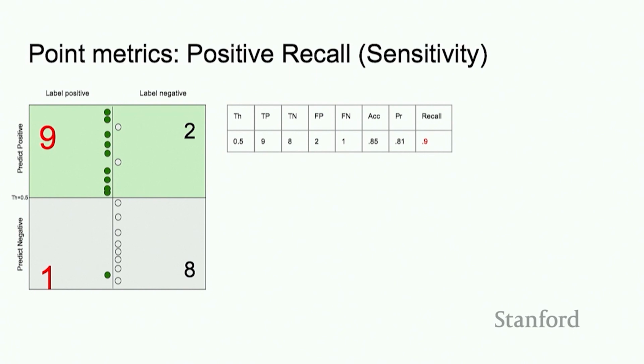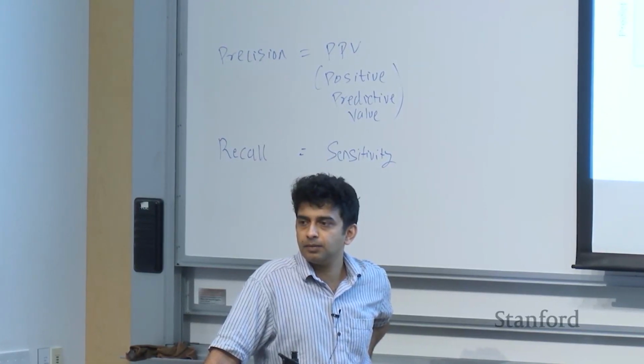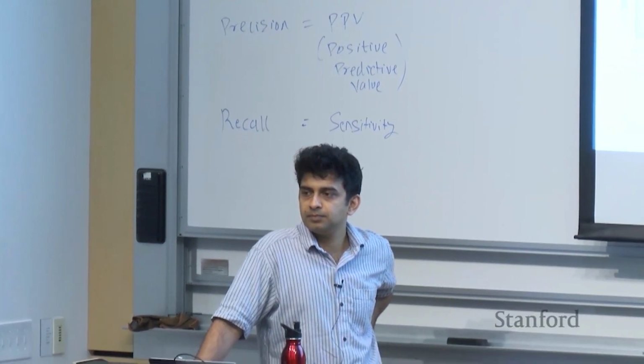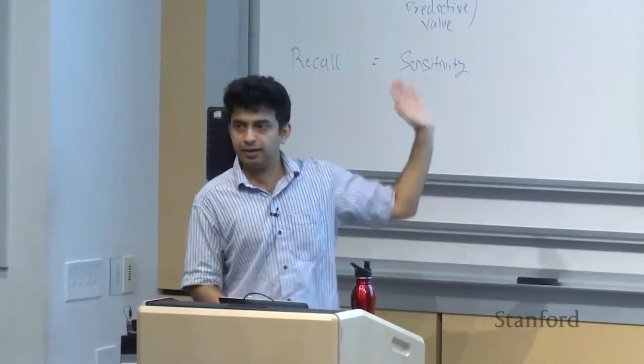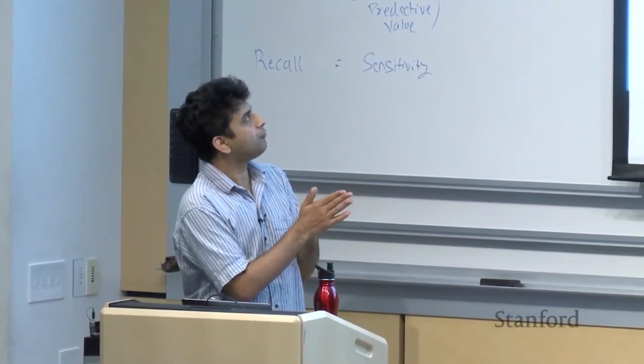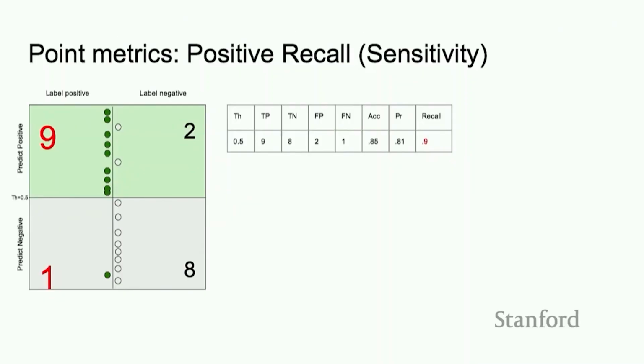Yes, question? Why is the green part of the matrix the top of the matrix? Isn't it the left part of the matrix that we are interested in? So the question is, why are we looking at the top half when we are interested in the left half? The left half of this matrix are the examples that have a ground truth of positive. But when our model is making a prediction, it does not know what the ground truth is, and it assigns some kind of probability.